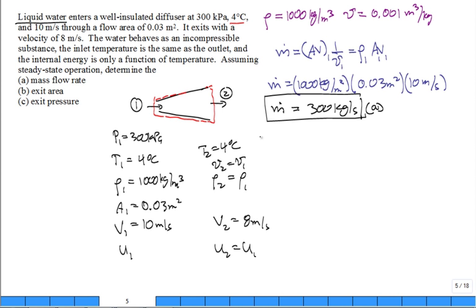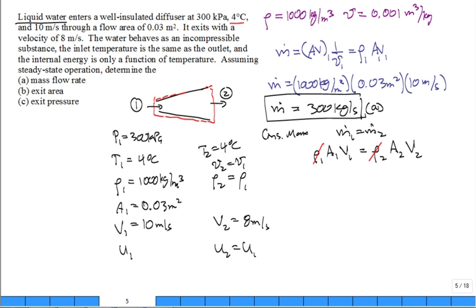So we know that the conservation of mass says mass flow rate in is equal to mass flow rate out. Mass flow rate in, density in, cross-sectional area in, velocity in, density out, cross-sectional area out, velocity out. True? The densities cancel.